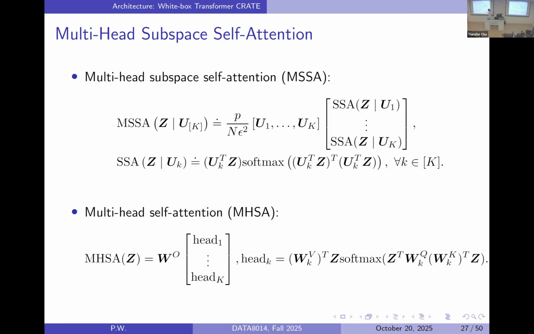Each head's formula is like this: the features, the output of some layer, times the transpose of the key matrix. This is the query matrix, this is the key matrix, and this is the value matrix.